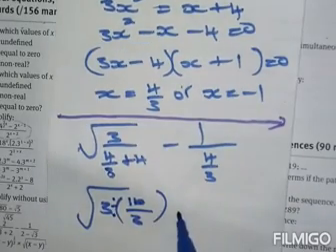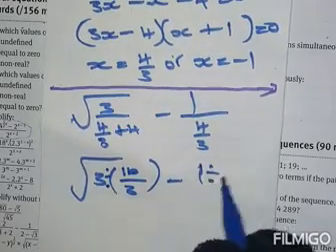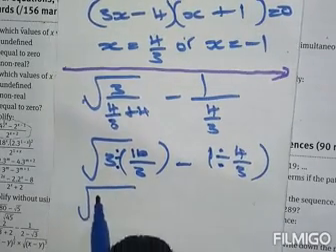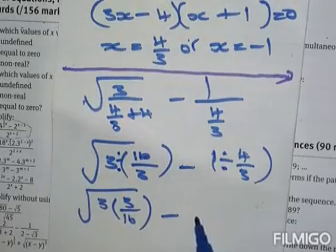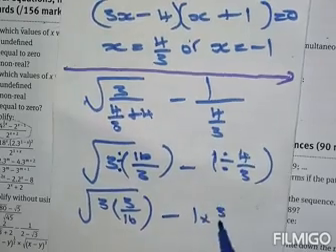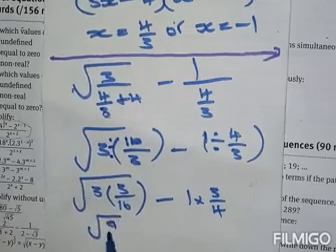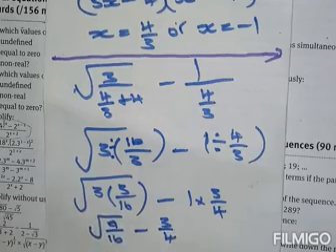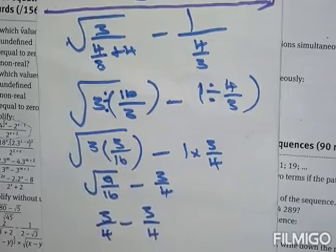And here we have 1 divided by 4 over 3. We have 3 times 3 divided by 16, minus 1 times 3 over 4, which gives us the square root of 9 over 16 minus 3 over 4. This gives us 3 over 4 minus 3 over 4, which equals 0. So this value is correct.